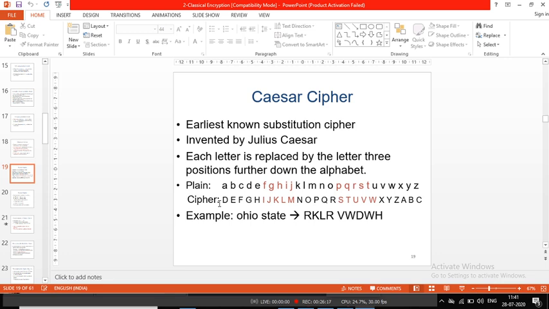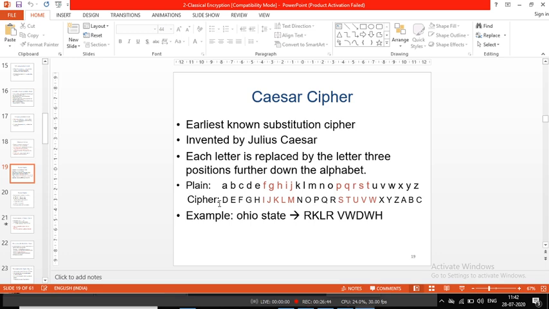For example, if my plain text is Praveen, my name is Praveen, I'm going to convert this original plain text into cipher text by using Caesar cipher. In that Caesar cipher, the letter can be substituted with the third letter from the original letter.